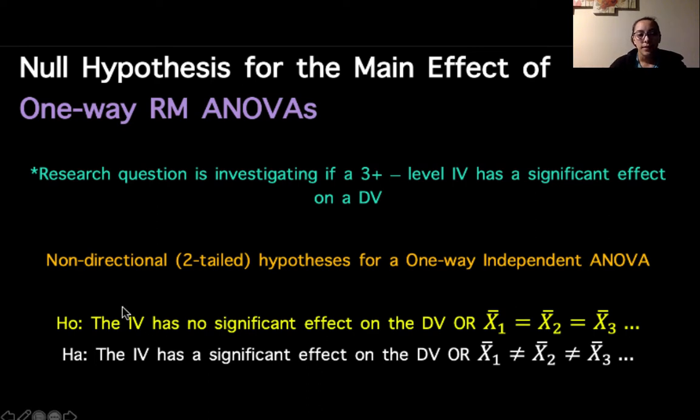So in that respect, for the null hypothesis, it's the same as one-way independent ANOVAs, but we would read that as the independent variable, which for my example would be time, has no significant effect on whatever we measured. Okay. The research hypothesis would be the exact opposite of that and would say that we do have a significant effect.